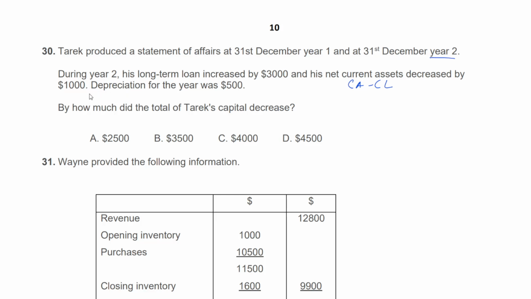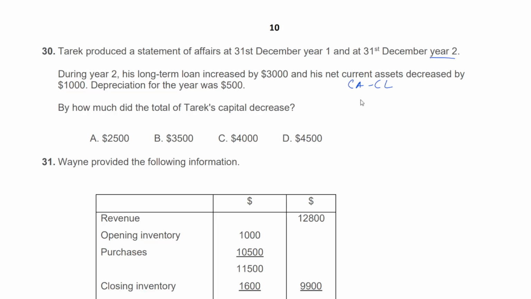That means during the year, his liabilities increased by 1,000 as compared to the assets. Depreciation for the year was 500, and his non-current assets also fell in value by 500. So you really gotta think about that a bit deeply, right?